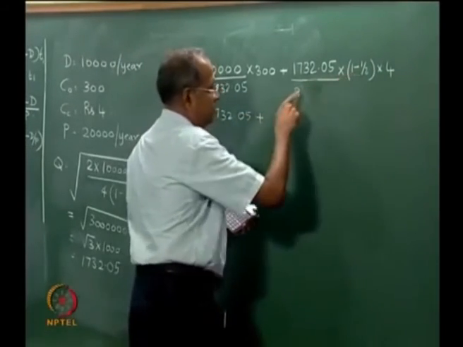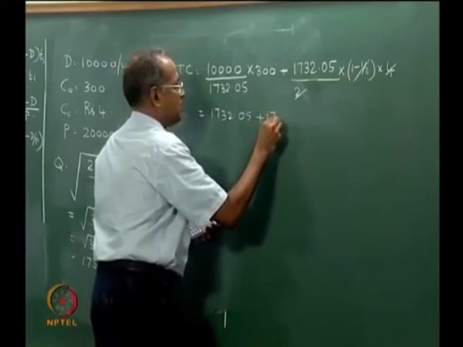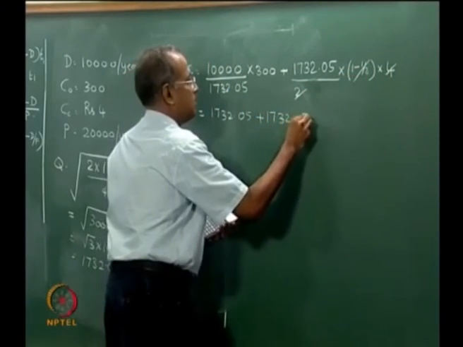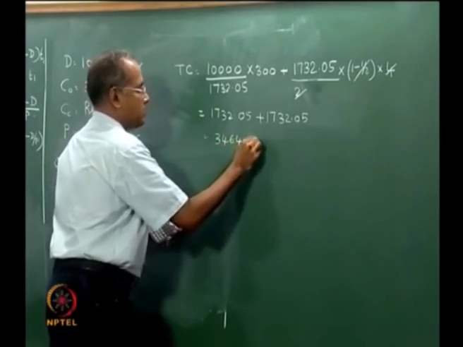So, this is half. So, 2 into 2 is 4 and this 4 will get cancelled, plus another 1732.05, which is 3464.10.